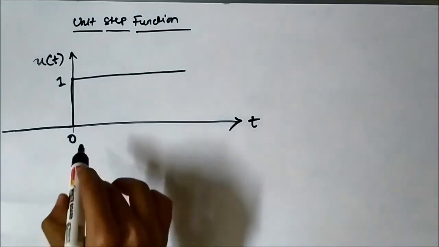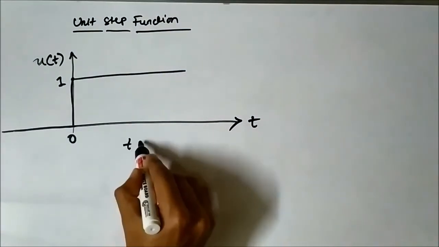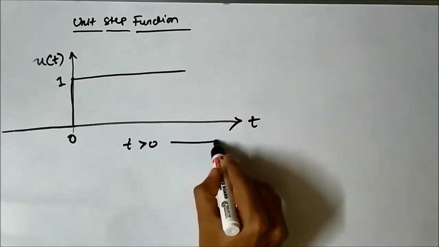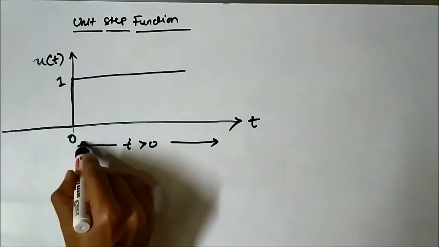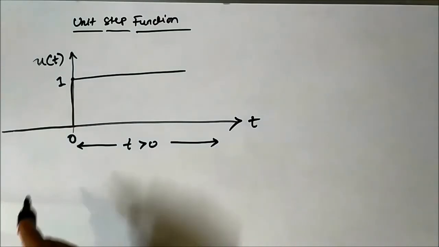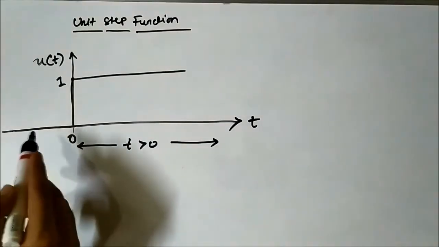It exists only for positive time, for t greater than 0, and for negative time it is 0.